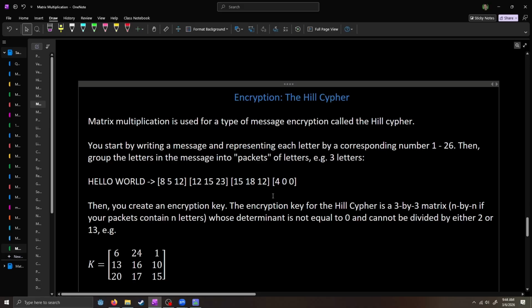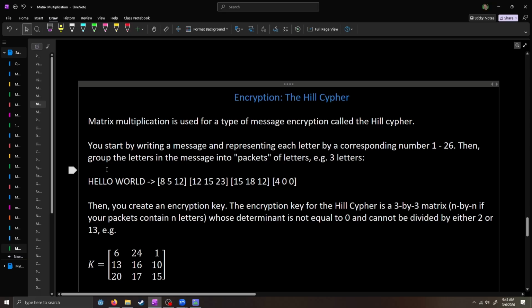Then group the letters in the message into packets or groups. For example, suppose you decide to group the letters in your message into packets of 3. So hello world would become HEL, which would become the packet 8512.